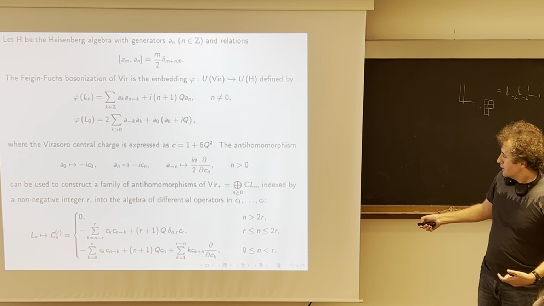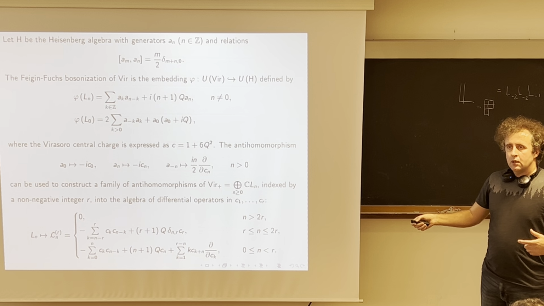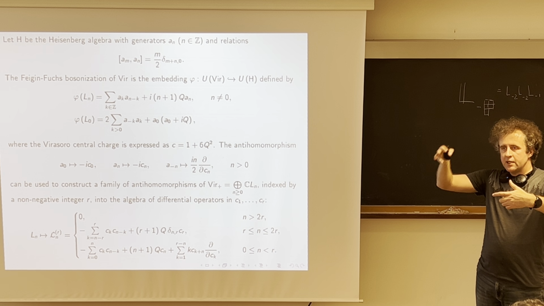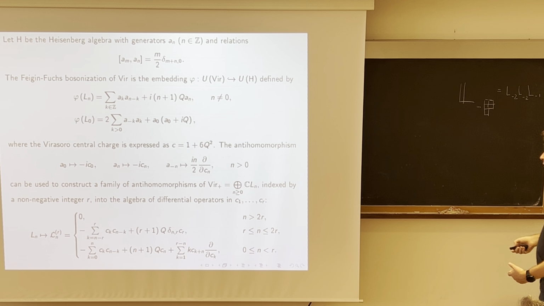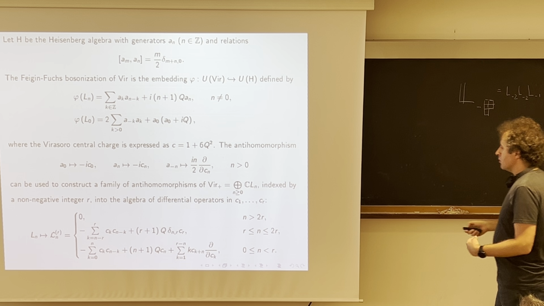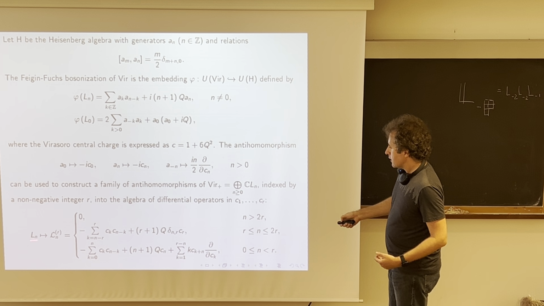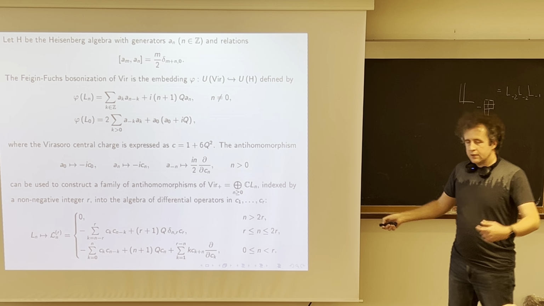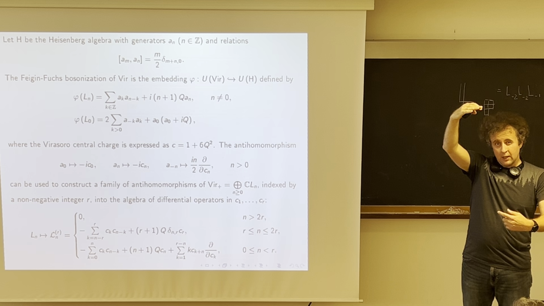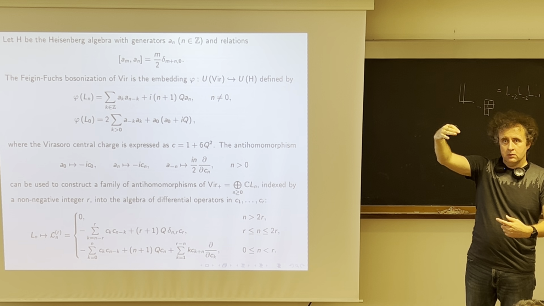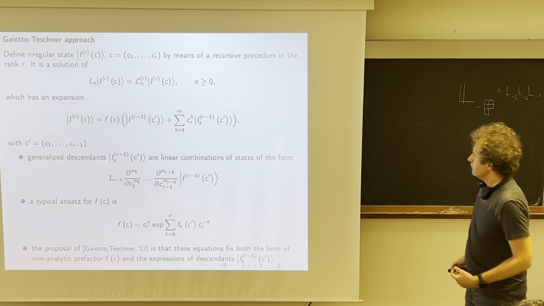So these ck essentially parameterize the corresponding eigenvalues of your Whittaker state. But now what you have in addition is an action of the Virasoro generators from L0 up to Lr minus 1.